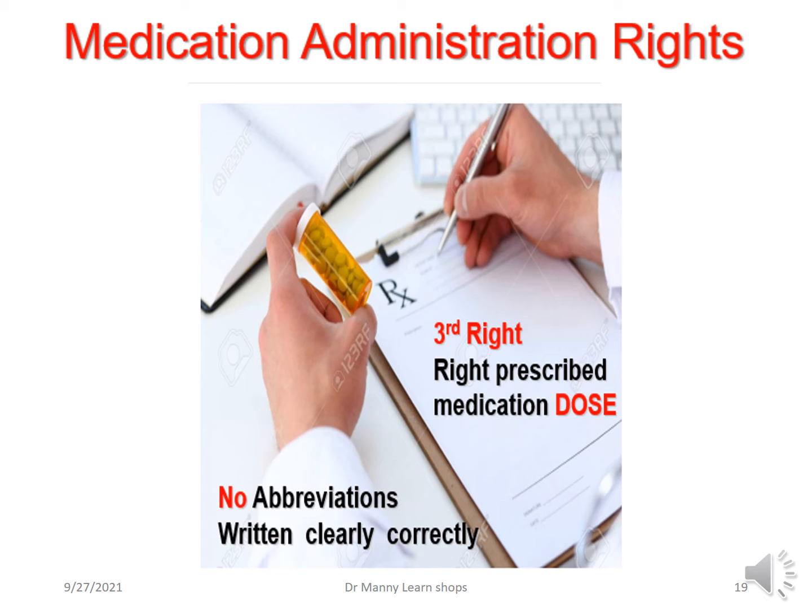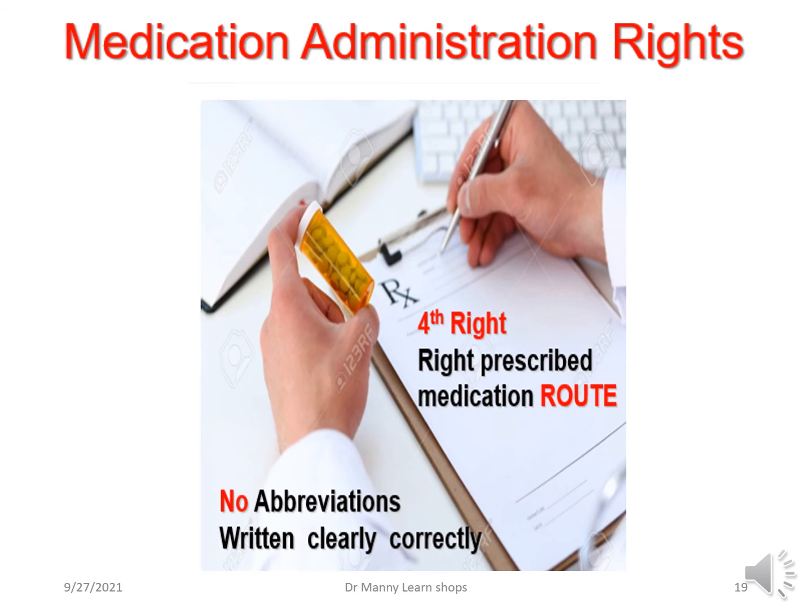No abbreviations are allowed or recommended, and the dose has to be written clearly and correctly, which means the prescriber should know the medication. Then you've got the fourth right, which is the right prescribed medication route. Again, no abbreviations, written clearly and correctly.